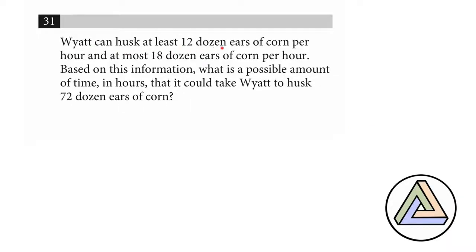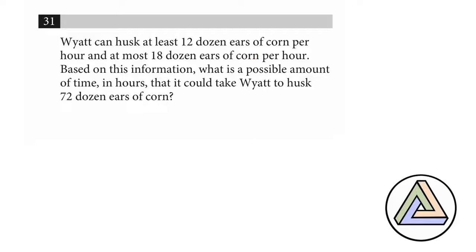Wyatt can husk at least 12 dozen ears of corn per hour, and at most 18 dozen ears of corn per hour. Based on this information, what is a possible amount of time in hours that it could take Wyatt to husk 72 dozen ears of corn? Okay, so at least 12 dozen ears of corn per hour and at most 18 dozen.